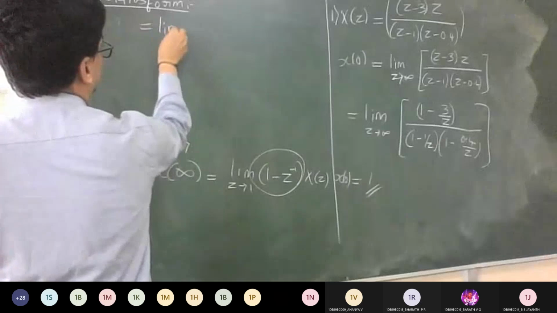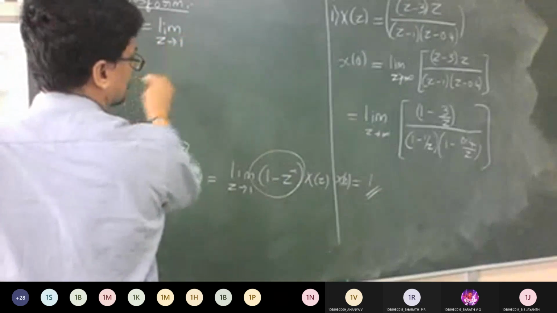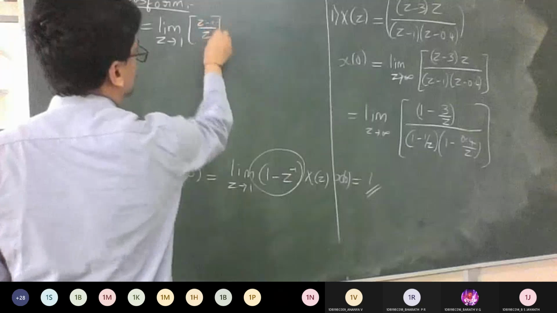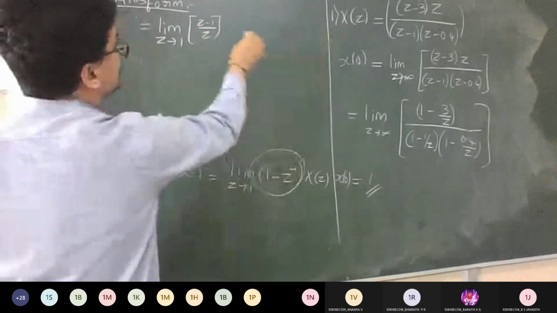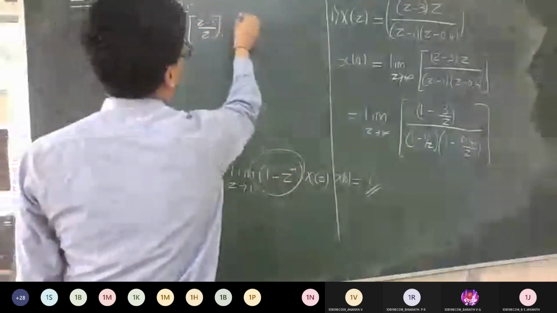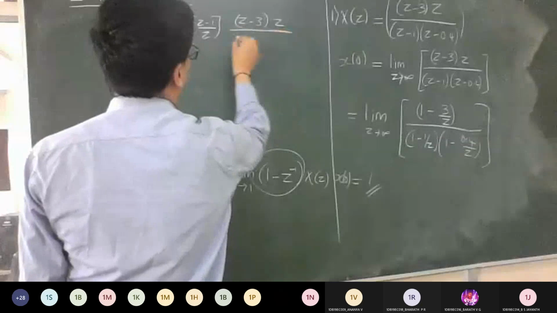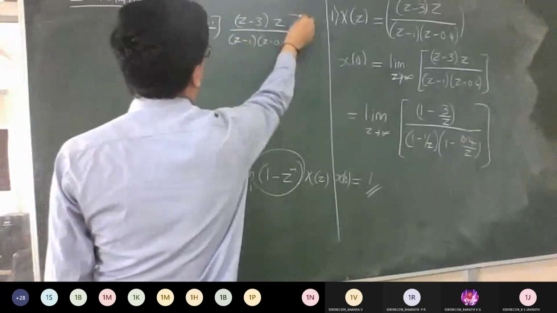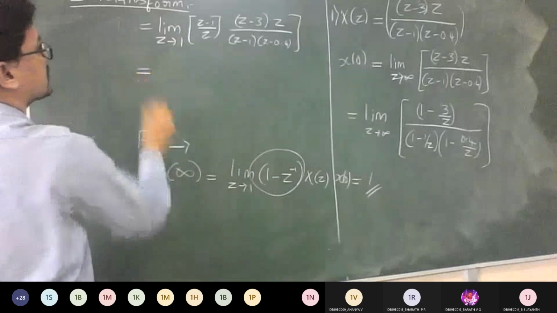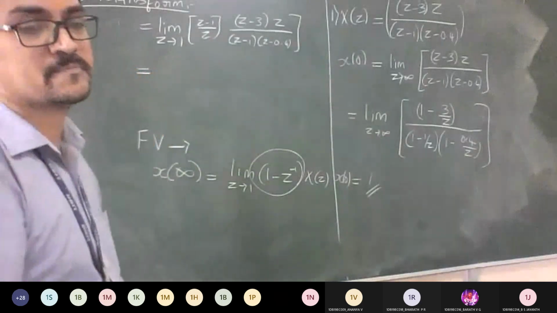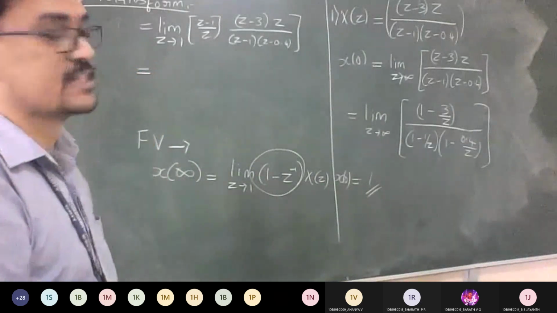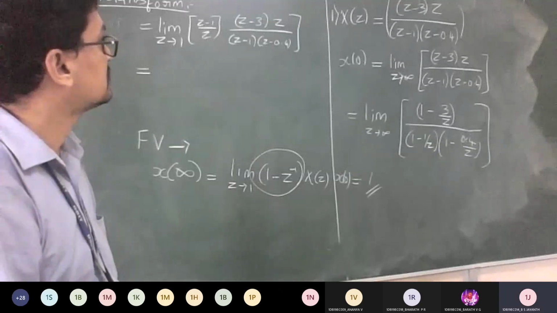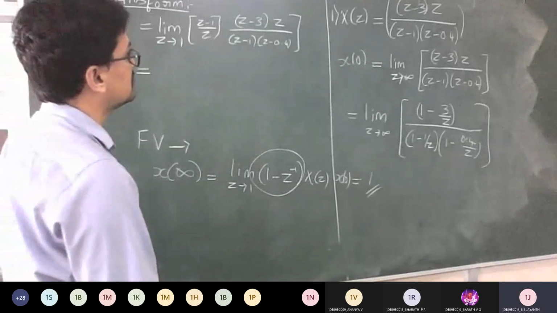So just write here limit z tends to 1. I can write this as z minus 1 by z, and this term into X(z) is the complete term. So z minus 3 into z whole divided by z minus 1 into z minus 0.4. Apply your logic as z tends to 1.